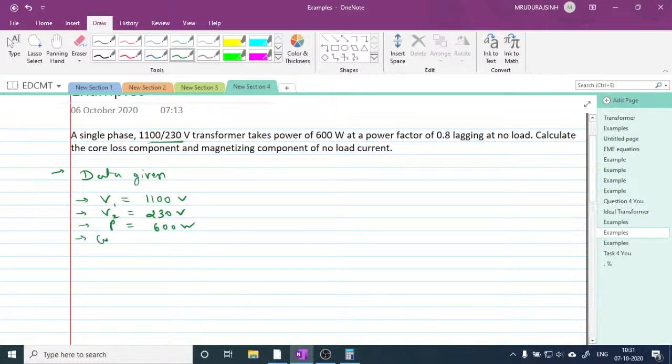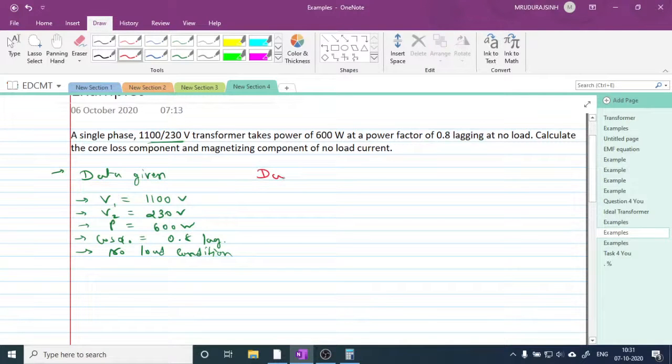So cos phi is equal to 0.8 lagging at no load condition. So all the data is given to us at no load condition. What is to be calculated? Calculate the core loss component and magnetizing component.